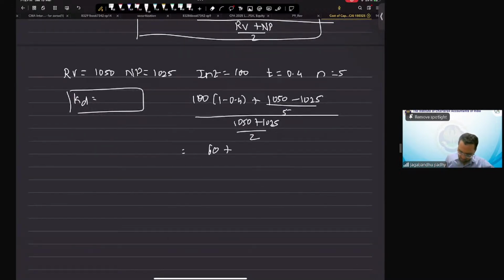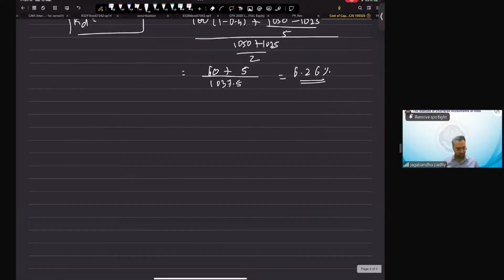That is 60 plus 1050 minus 1025 divided by 5, which is of course 5, and the denominator is 1037.5. So 60 plus 5 divided by 1037.5 is equal to 6.6%.